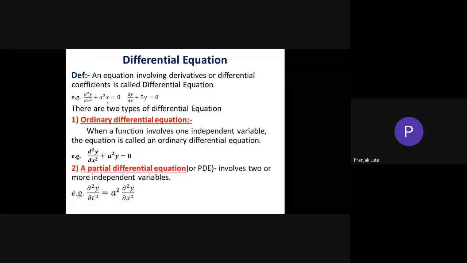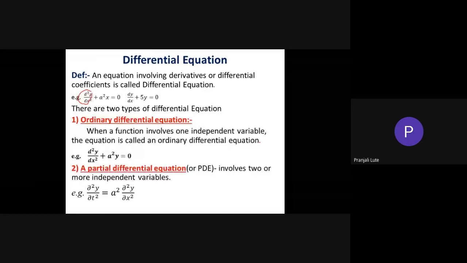Here d square y by dx square, this term represents y is a function of x.